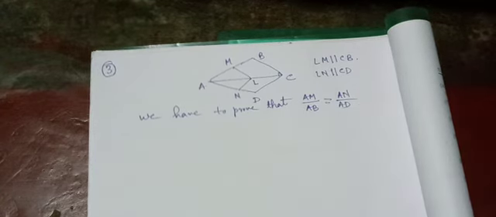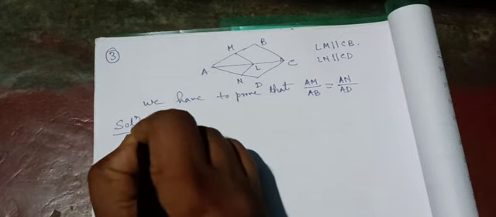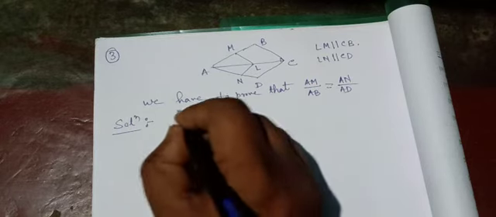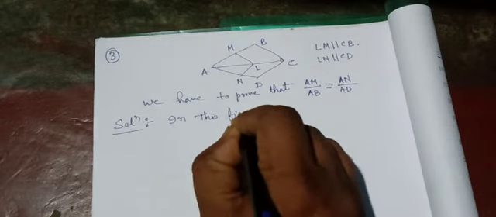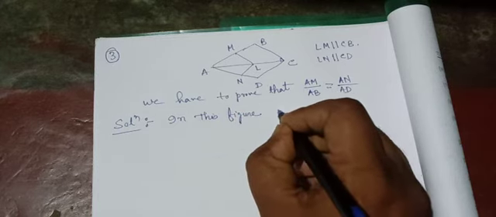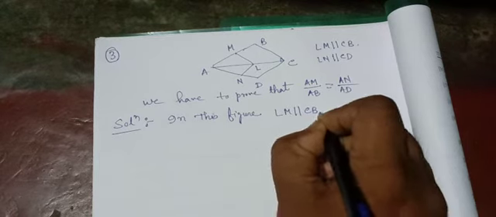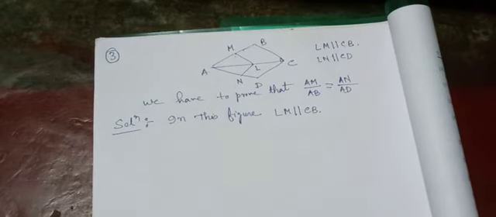Now here comes the solution. In this figure, obviously LM is parallel to CB. It is given LM is parallel to CB.